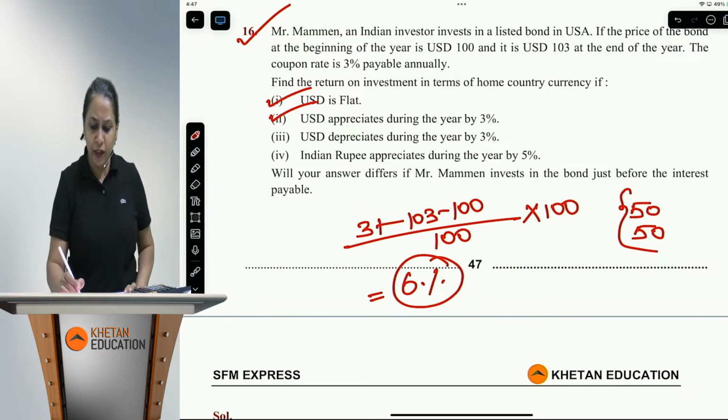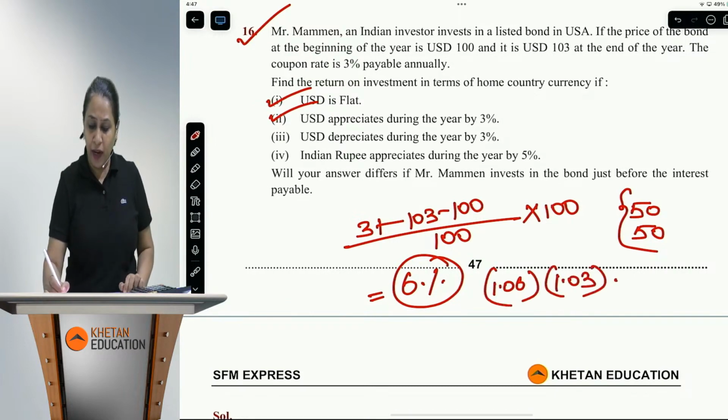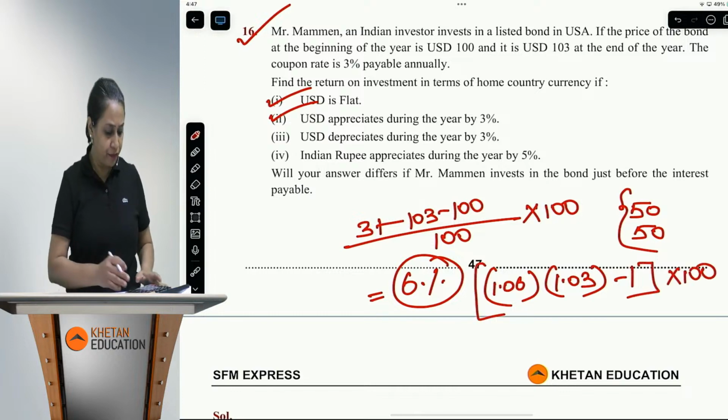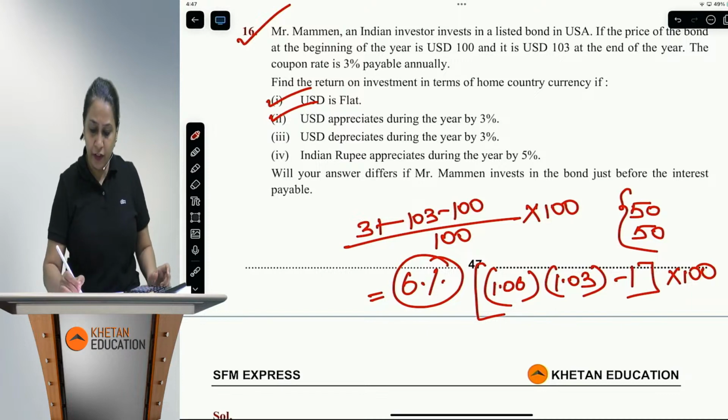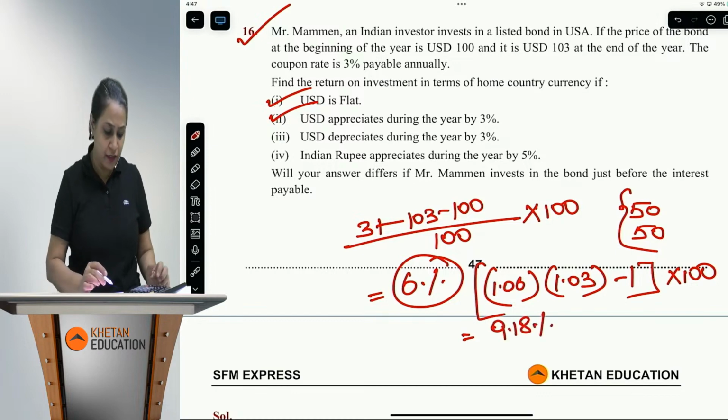So what will be the return? 1.06, then 1.03 minus 1 and into 100 will be your answer. And that gives me 9.18%.